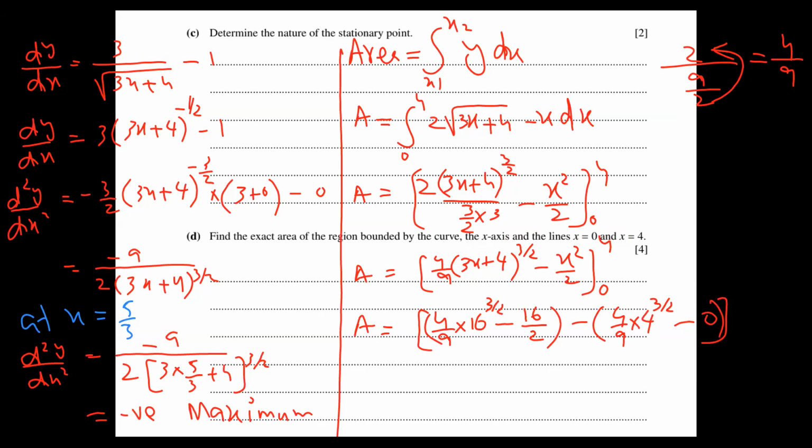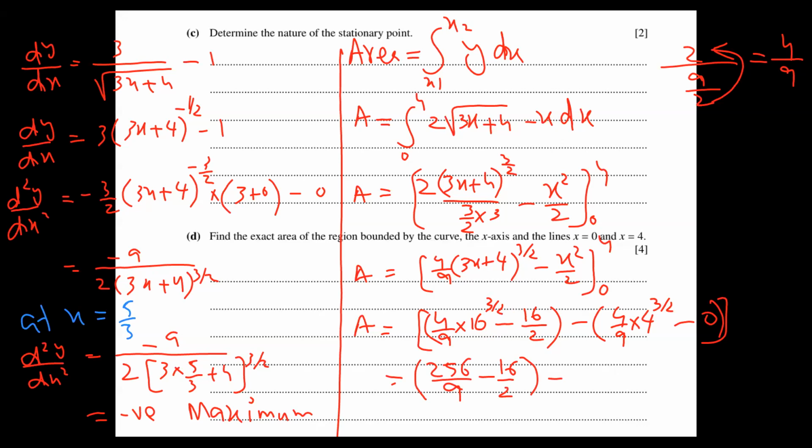Now I'll just solve and plug in one by one. Because he's asking for the exact answer, 16 to the power 3 over 2 becomes 64. So this is 64, and 64 times 4 divided by 9, we get 256 by 9, minus 16 by 2. This is the upper part done. And here, what is 4 to the power 3 by 2?